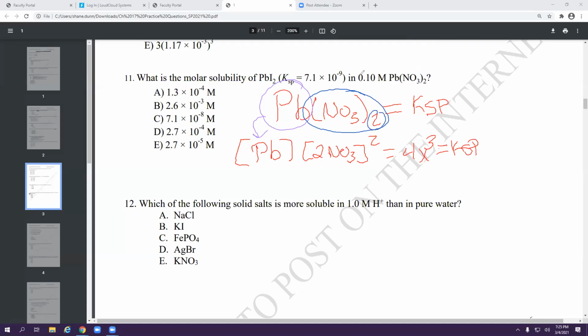So I put the 2 in front and make the 2 the exponent, and then I change both these values to the x. So that's 2x squared times x. Does that make sense? Yeah. That's how I get 4x cubed, because the squared went onto the 2 to make it 4. Yep.